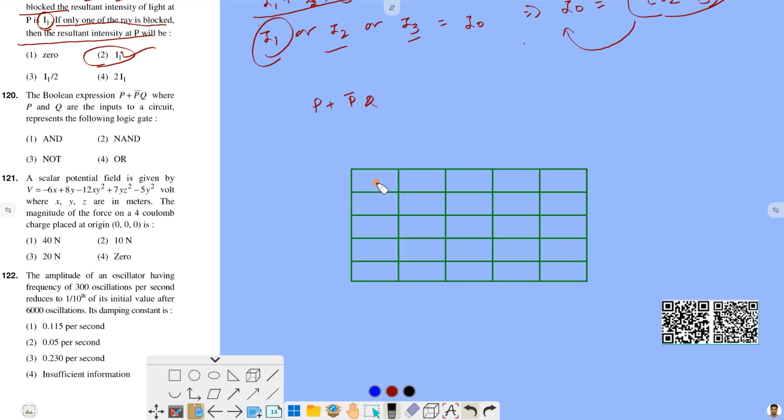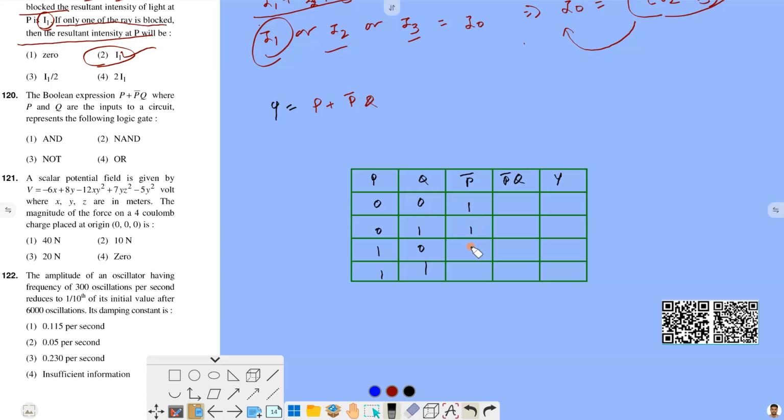So this will represent P, this will represent Q. This is P bar, this is P bar Q, and this is the resultant Y, that is P plus P bar Q. So that will be 0, 0, 1, 1, 0, 1, 0, 1. These are the maximum possible combinations.